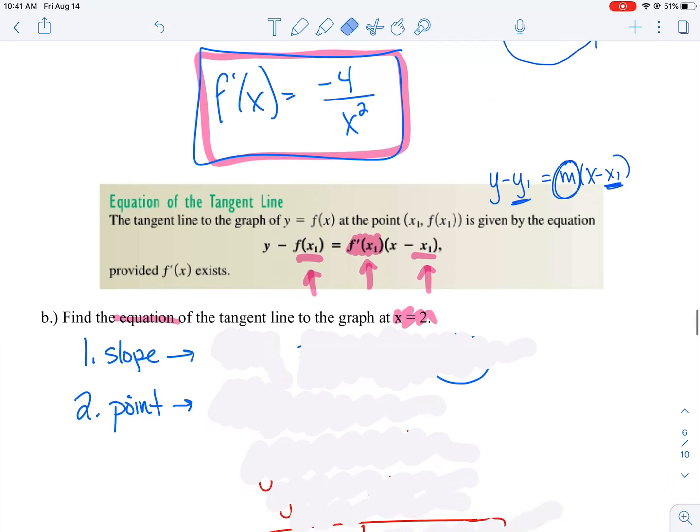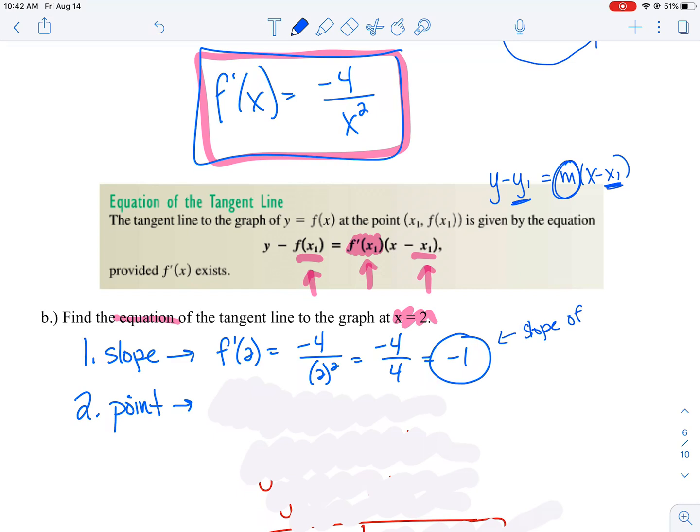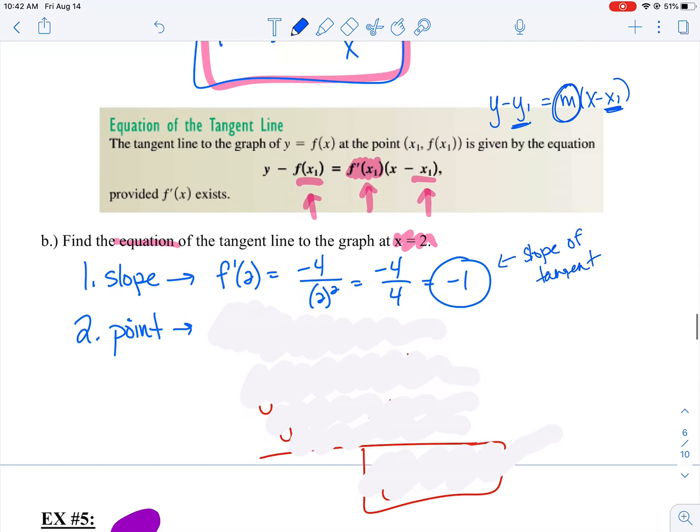What I can do is figure out what the derivative is when x equals 2 by plugging a 2 into my derivative equation. So I have negative 4 over 2 squared, or negative 4 over 4, which is the same thing as negative 1. So this is the slope of my tangent line. That's the first thing I need. The second thing I need is a point.